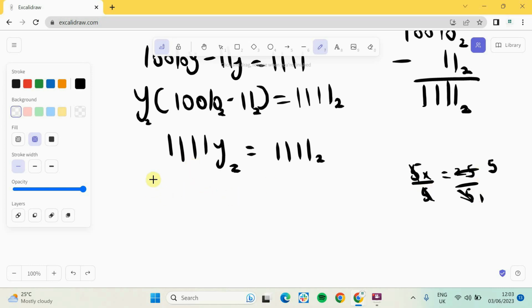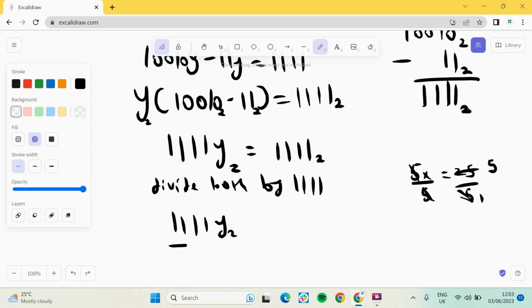I will divide both sides by 1111, right? So if I divide both sides by 1111, 1111y divided by 1111 in base 2 is equal to 1111 in base 2 over 1111 in base 2, right?